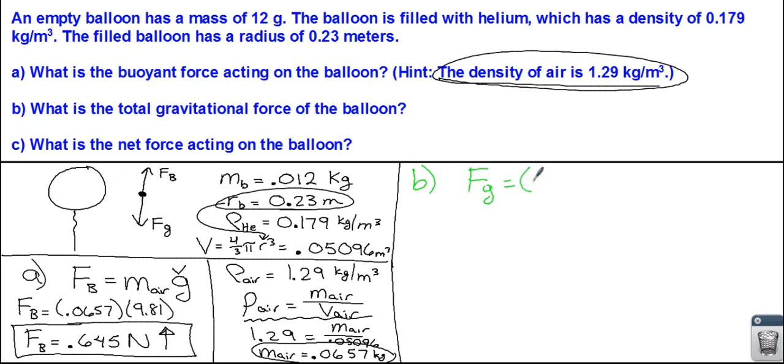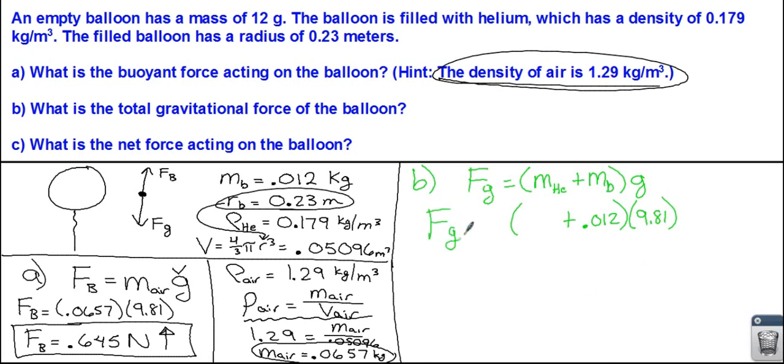So I need the mass of the helium plus the mass of the balloon, so I get the total mass of the balloon when it's filled, and multiply that by 9.81 newtons per kilogram. Mass of the balloon, simple, we've got that: 12 grams, or 0.012 kilograms. Gravitational field constant, still 9.81 newtons per kilogram.